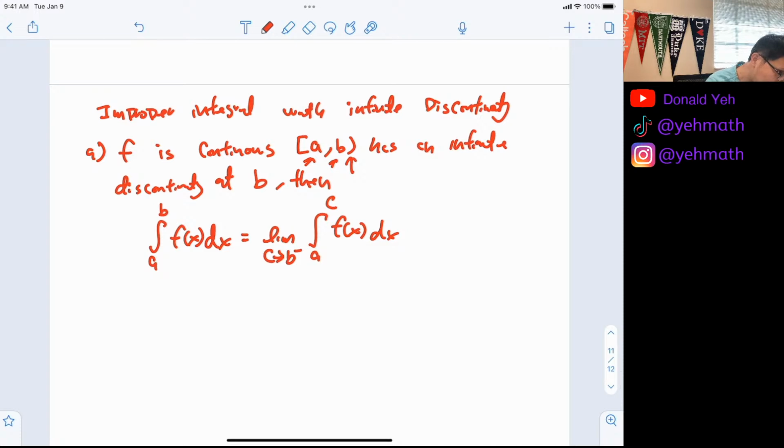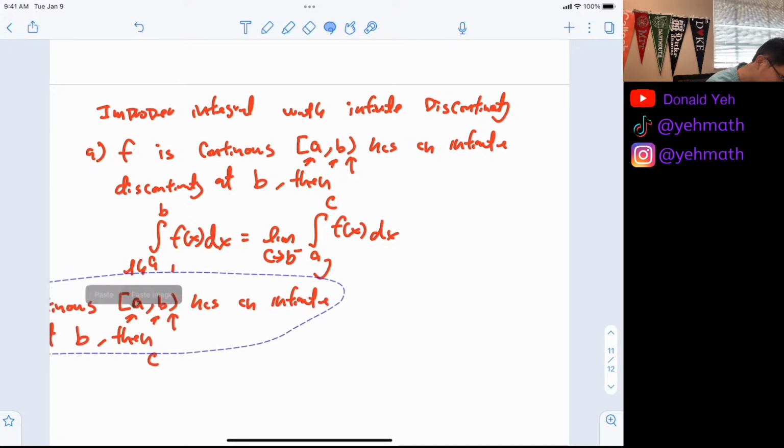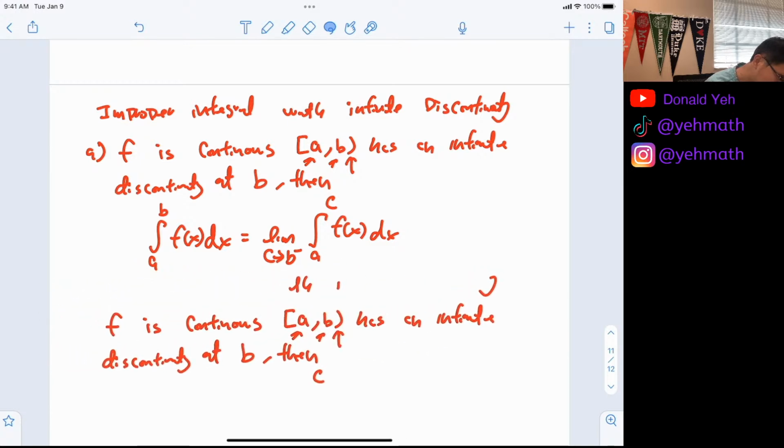So same situation here. I'm just going to copy and paste. So what is c though? c is just another number, any constant. You get to pick. Let's say b here, and I'm going to erase all this junk. So I'm going to change this order. This order is going to be from a to b with a bracket, and it has a discontinuity at a.